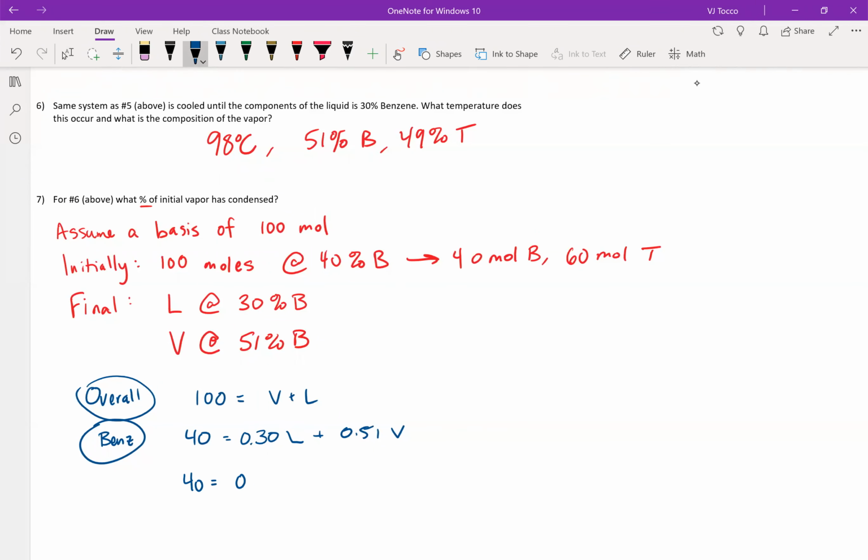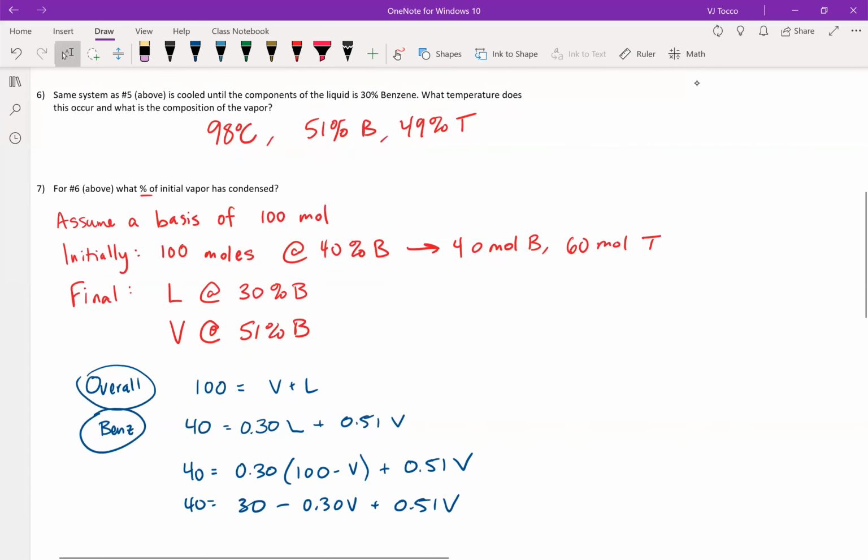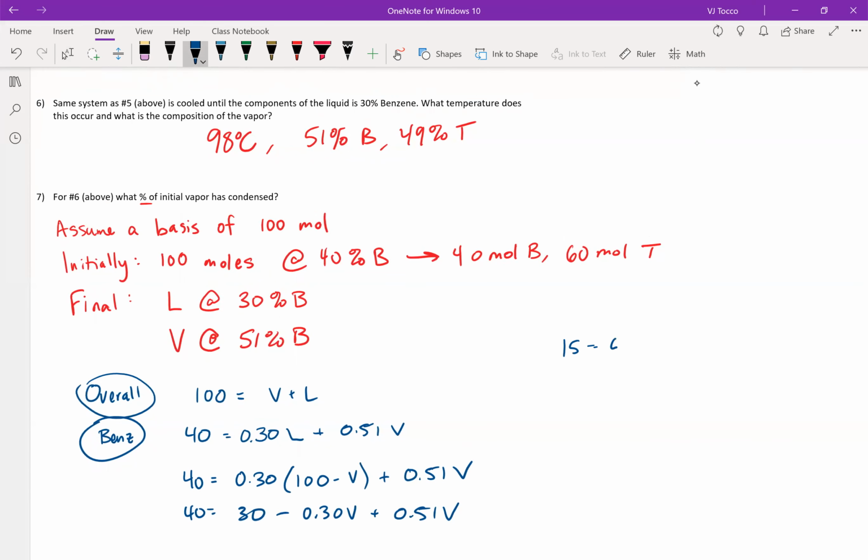So I'd have 40 is equal to 0.30 times (100 minus V) plus 0.51 times V. Distribute out, 40 is equal to 30 minus 0.30 V plus 0.51 V. And doing this calculation is 15 is equal to 0.21 V. And finally, calculating for V, we grab my calculator, 15 divided by 0.21 is 71.4 moles.